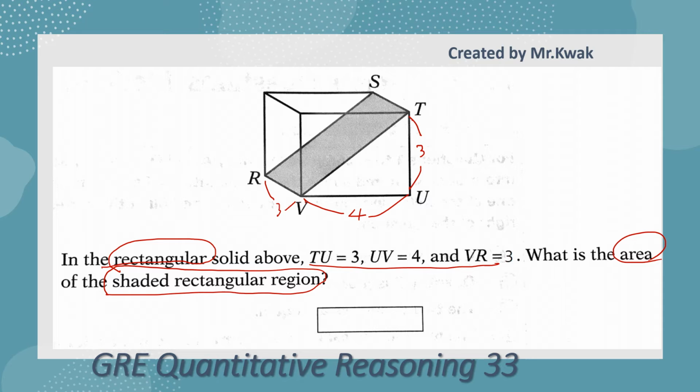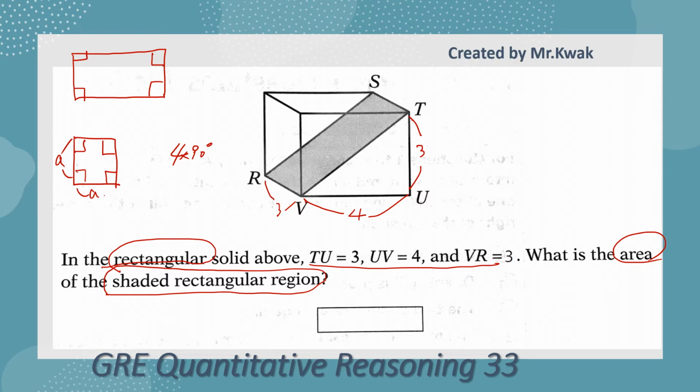Before getting the correct answer, we already talked about the rectangular, do you remember? And then we also talked about the square. Square means it has 90 degrees, but the length is the same. Every single length is the same.